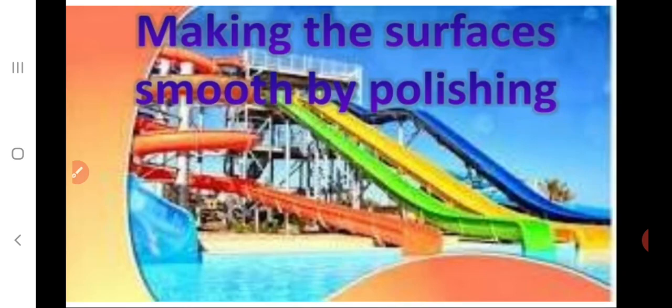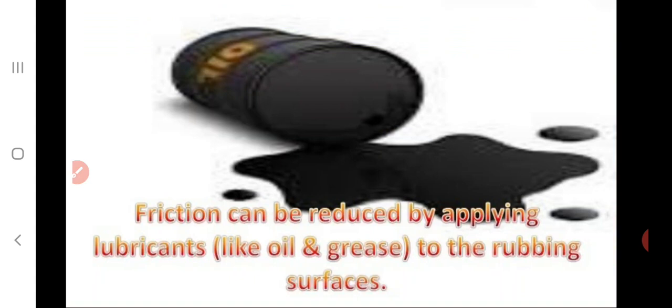First of all, we can make the surfaces very smooth. It can be done by polishing or by applying lubricants. I think the word is familiar to you; you have heard it in lower classes itself. Lubricants means oil or grease, and even graphite is used as a lubricant. Graphite, which is an allotrope of carbon, is a solid lubricant, and even air is used nowadays as a lubricant.